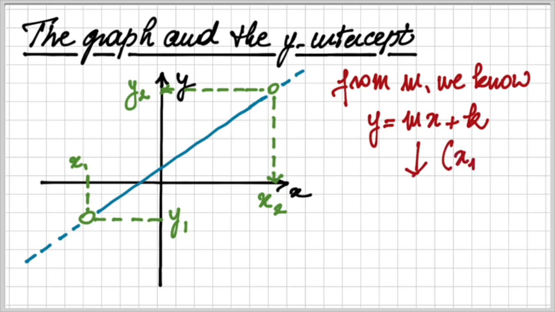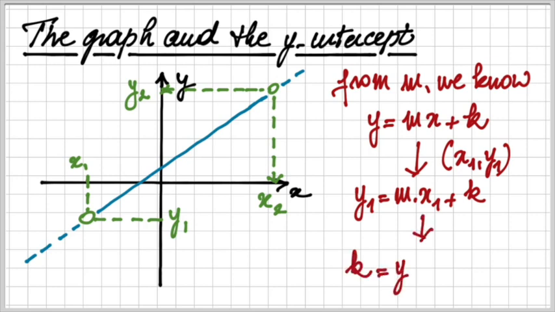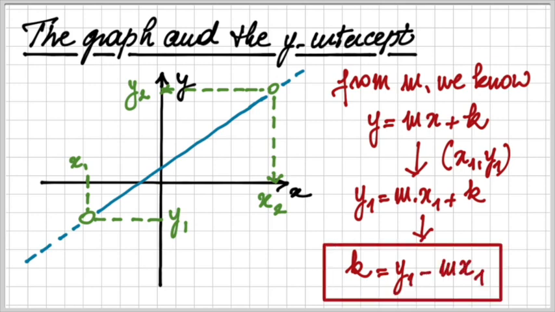When we replace (x1, y1) in this equation, we can write y1 = mx1 + k. y1 is known, m is known, x1 is known, so the only unknown is the y-intercept k, and we find immediately that k = y1 - mx1.